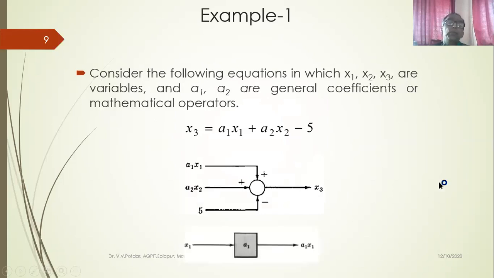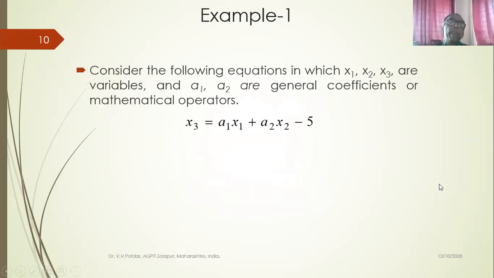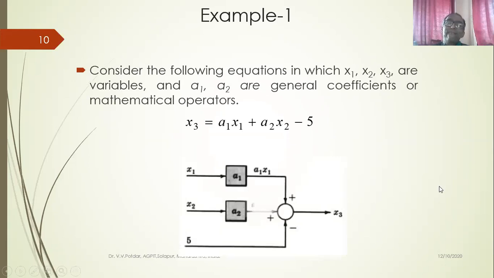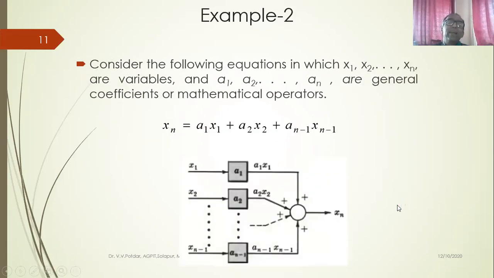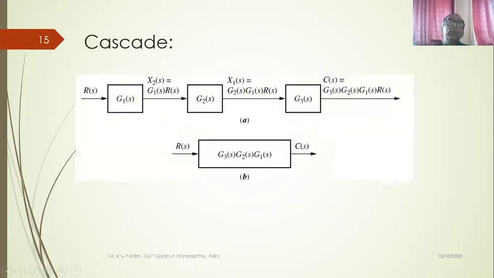Let us move next to one more example for cascade elements. So I have got 3 blocks now having transfer functions G1, G2, G3. Now let us make it very clear. If I write only G1, that is a generalized representation of feed forward block elements.